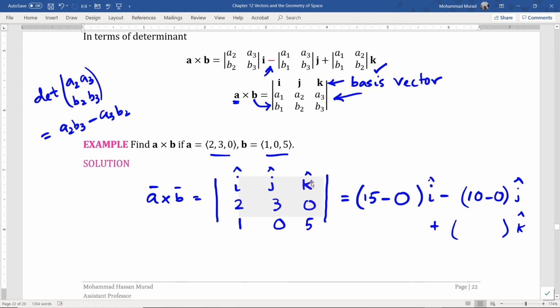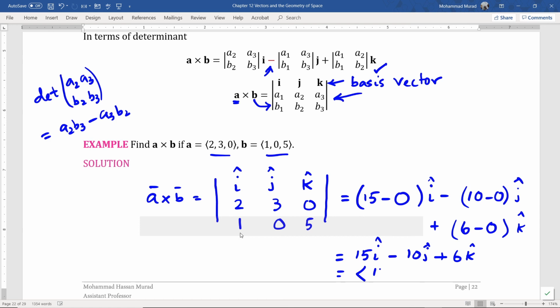And then for the k component, we have 2 times 0 minus 1 times 3. Which is 15i minus 10j plus 6k. We can also write this in terms of angular brackets: 15, comma, negative 10, comma, positive 6.